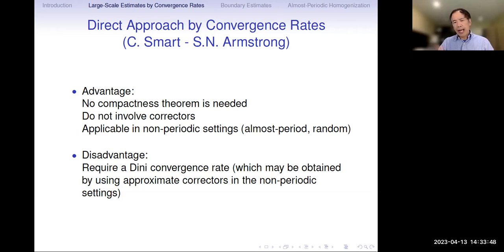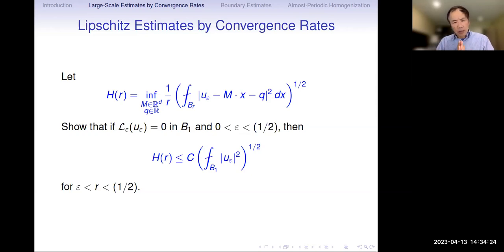So the first step, in order to carry out this argument, is that you have to prove a convergence rate for the homogenization problem. Of course, in different settings this can be done. In particular, when you deal with boundary regularity, it's not a problem. In some non-periodic settings, it can also be done by some other approach. Okay. So you'll see what we are talking about here. How do we carry this out in the interior case? All right. So the first step here is a setup.